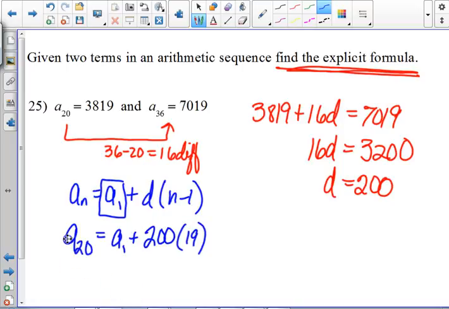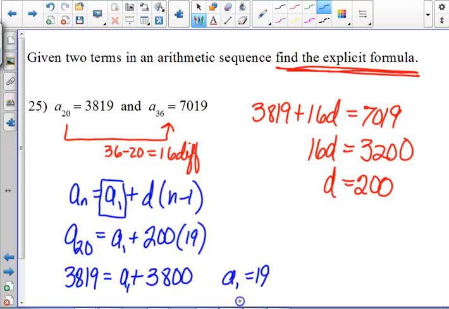So can we put the 20th term in here? Say that again. I think it's 19. Did you subtract and get 19? Did anybody? This was the 20th term.